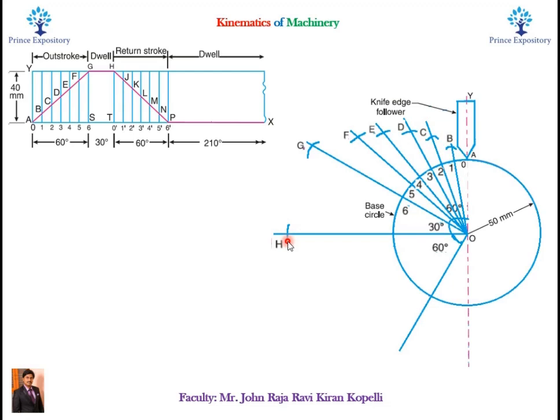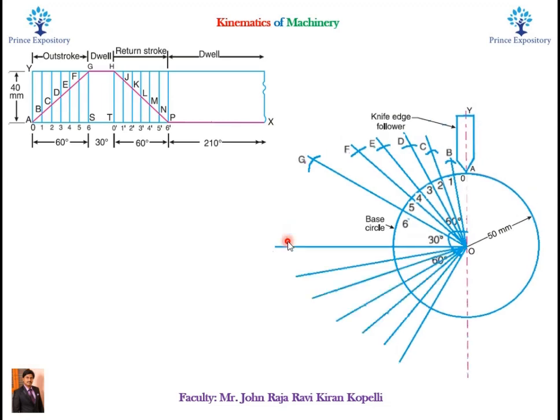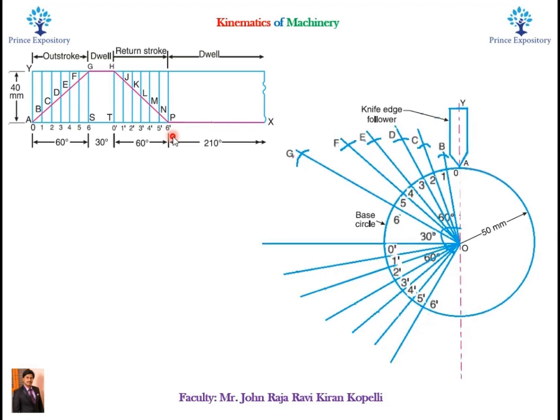Similarly, the return stroke should also be divided into equal divisions as divided in the displacement diagram. Now you see the divisions of the return stroke. These division lines will intersect the base circle at certain points. We give them the numbering as given in the displacement diagram: 0 dash, 1 dash, 2 dash, 3 dash, 4 dash, 5 dash, and 6 dash.